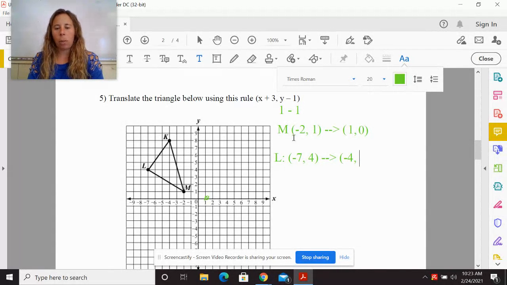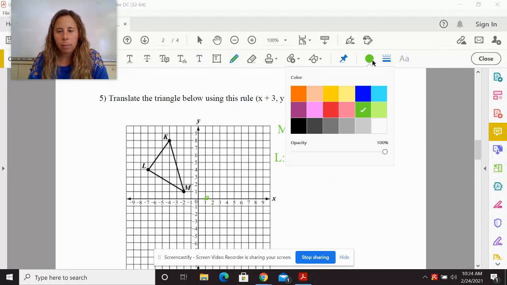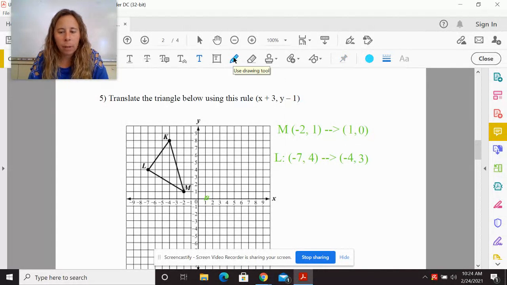And then down 1, so 4 minus 1, which is 3. So my new L point is going to be -4, 3. So that's my new L point.